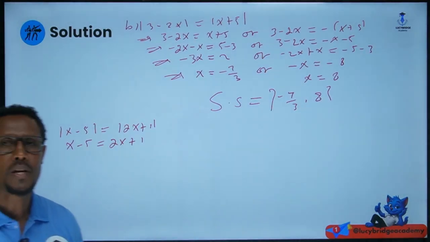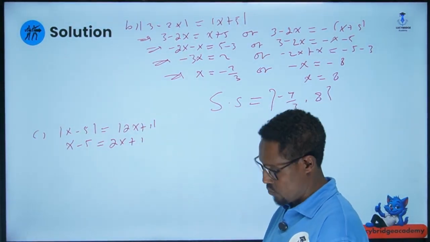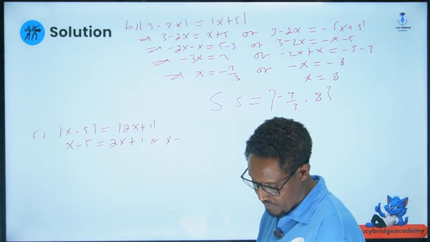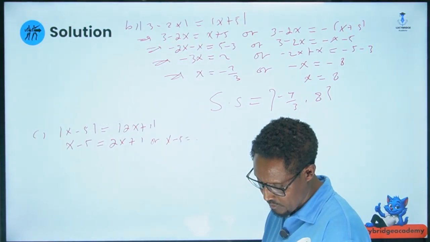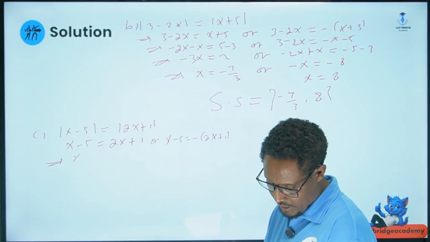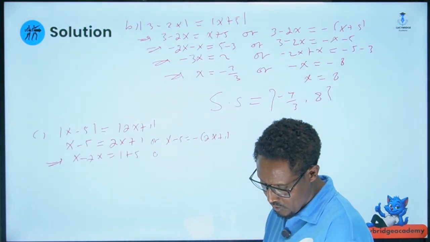This means x minus 5 is equal to 2x plus 1, or x minus 5 is equal to the negative of 2x plus 1, that is, x minus 5 is equal to minus 2x minus 1.